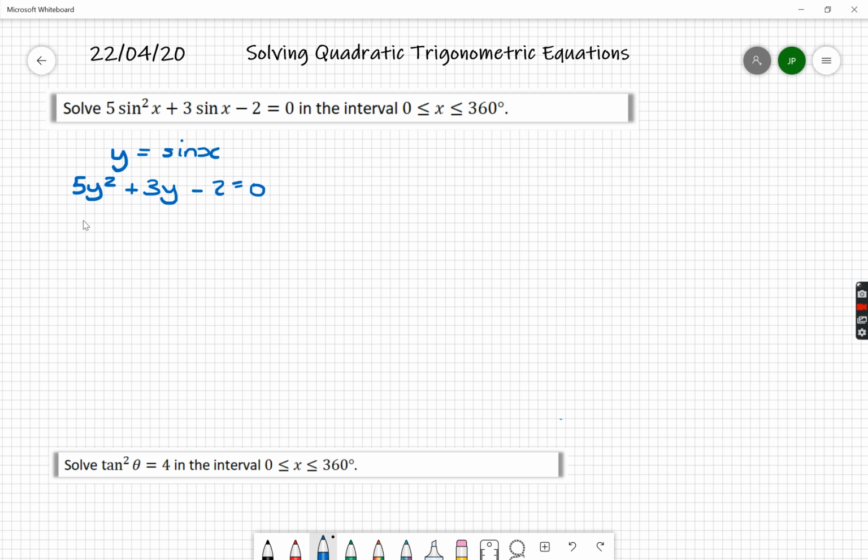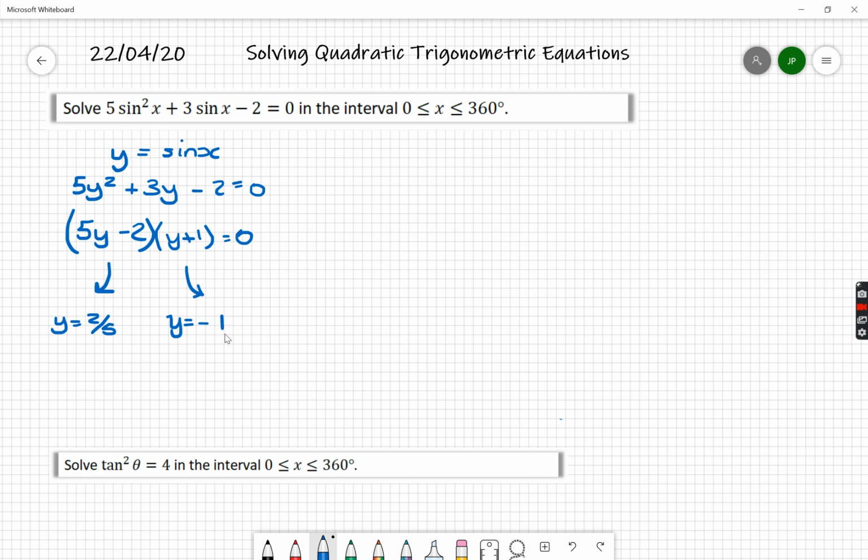If I solve it through factorising, I end up with 5y minus 2 and y plus 1 equals 0. So I have my two solutions of y equaling 2/5 and y equaling minus 1.